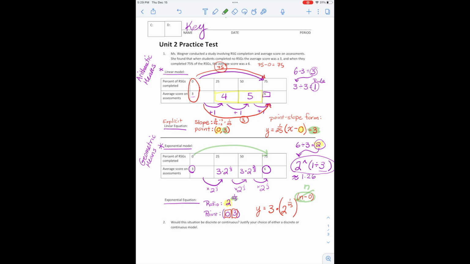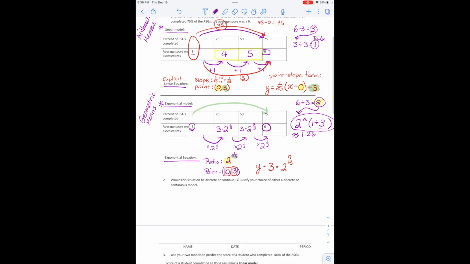And when I multiply 2 to the power of 1 over 75 to the power of n, it's the same as multiplying 1 over 75 times n. So I can rewrite this as n over 75. And that's my final answer for my exponential equation.